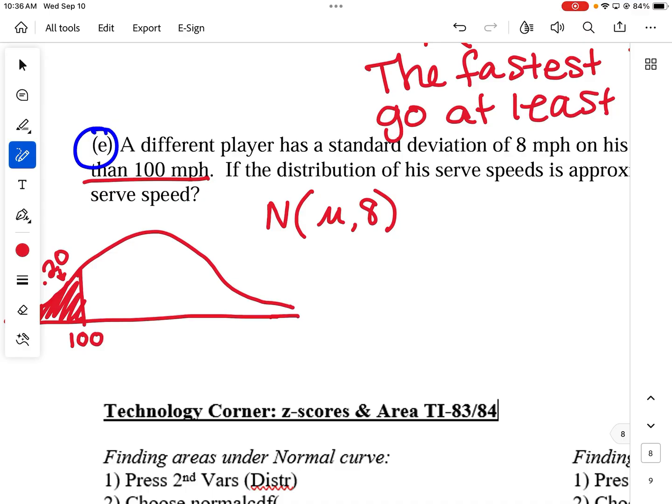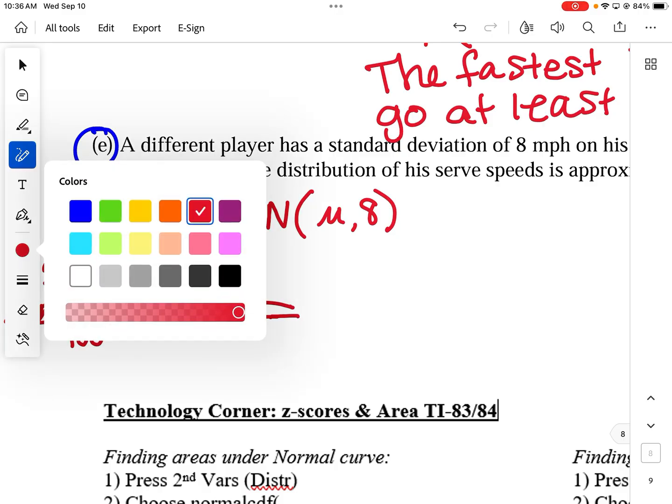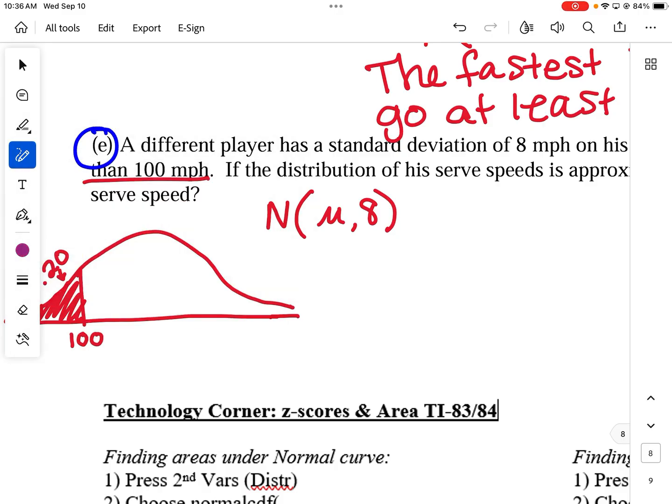Okay, so this one, we have to find what the mean is. So we're gonna have to do a little bit more work than just putting it into the calculator. Guess we could try different numbers, but they're gonna require us to show some kind of work. So let's go ahead and standardize it.